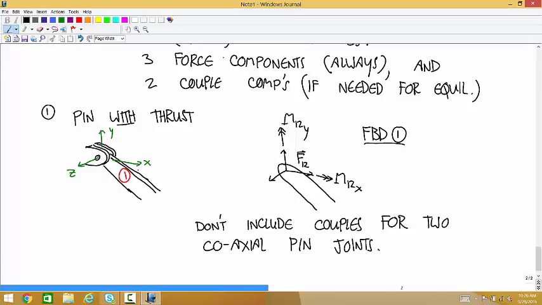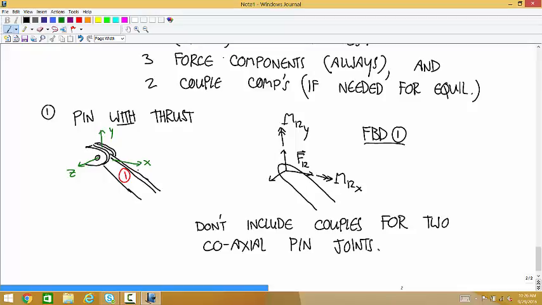So this is two coaxial pin joints without thrust. This thing's free to move. This is two coaxial pin joints, one of which does not have thrust. I don't know if you can see that from here, maybe I'll pass it around. On this side, there's nothing preventing that pin from sliding.